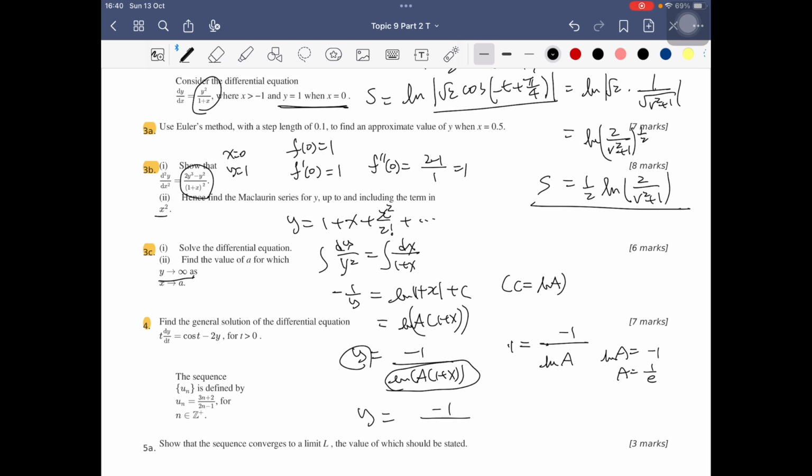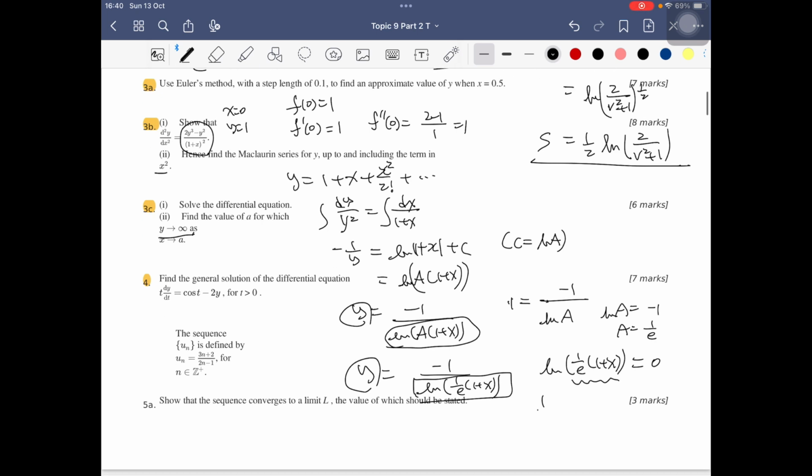So y becomes negative 1 over ln of (1 over e)(1 plus x). When y goes to infinity, this should go to 0. So ln of (1 over e)(1 plus x) goes to 0, which means the input should go to 1. So (1 plus x) over e needs to go to 1, so 1 plus x equals e, and x equals e minus 1.